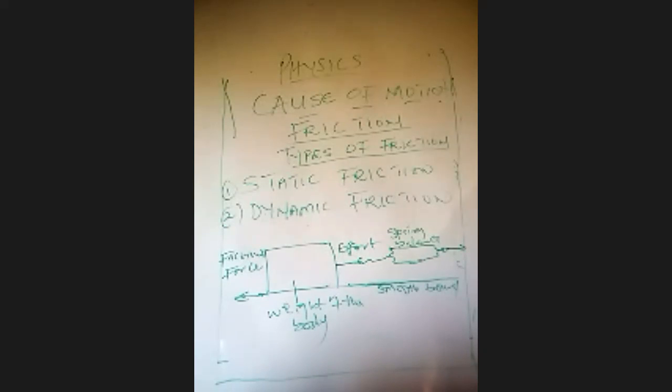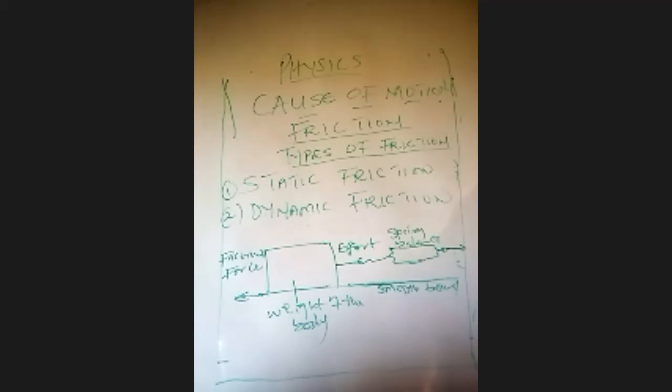Pull lightly on the spring balance and note the effect on the block. Gradually increase the pull until the block just begins to move. Record the maximum force required to start the movement by taking the reading of the spring balance just as the block starts to move. This maximum force is called the limiting frictional force. Also, record the force necessary to keep the block sliding uniformly along the board.